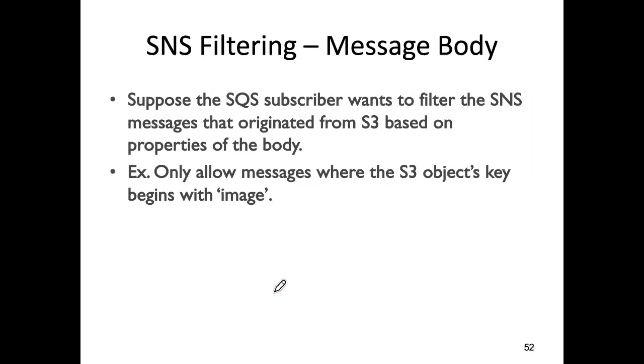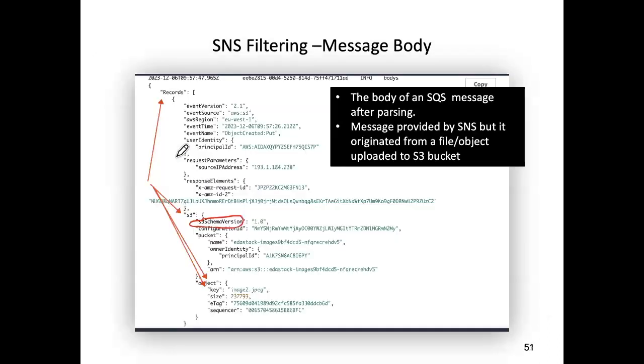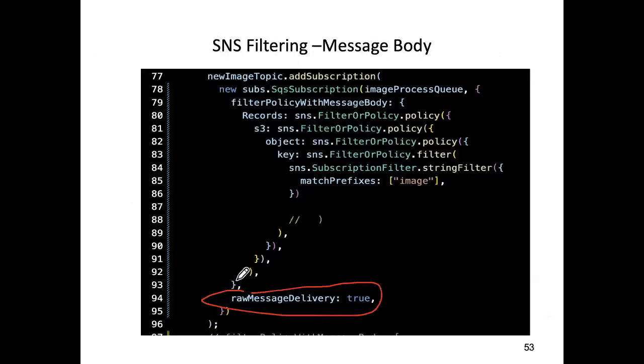If I go back a couple of slides, if I did have SNS enveloping going on, then there would be more stuff in the body other than just the raw message itself. And we don't need that other stuff. So my advice is to always set raw message delivery to true in any SNS subscriptions that you have.